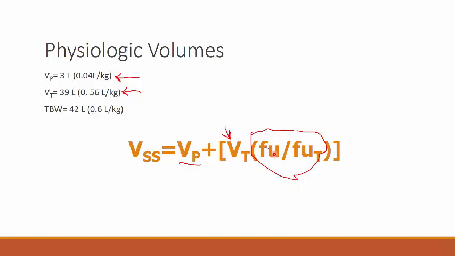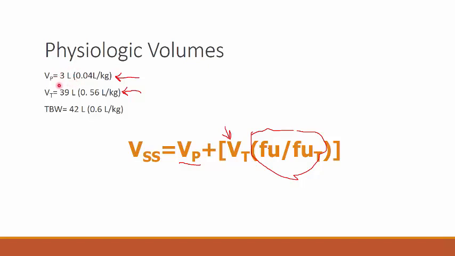Now, look at this. Our plasma compartment is only 3 liters of the 42 liters. It's a very small percentage. So the plasma volume is very small in relation to your total body water. So if your drug is highly bound in the plasma, it can't move out of this very small compartment.